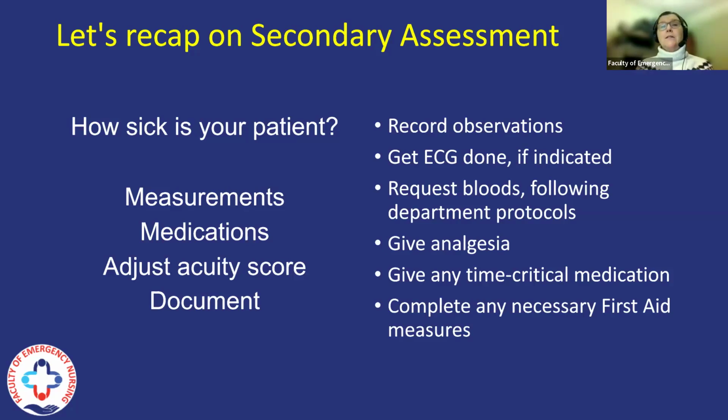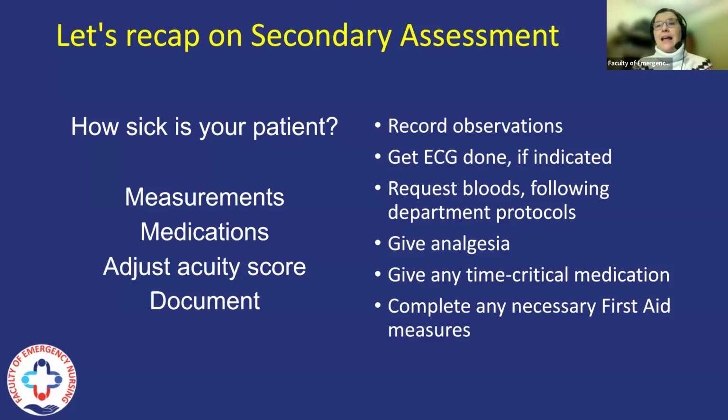It's okay to say that primary assessment thought 3 or 4, and that's why they sent to secondary assessment. But actually, having done the full set of obs, you want to up it to a 2. That's okay. And obviously document everything.